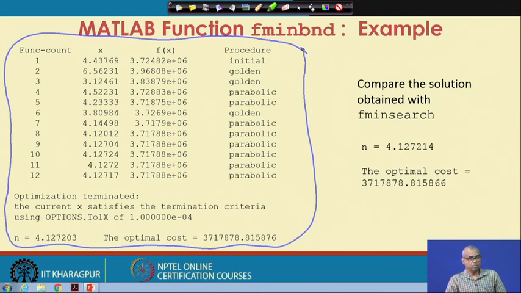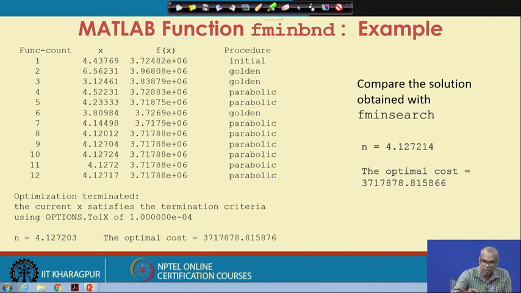The function count was 12, and the algorithm, again, started with golden section search, then moved to parabolic, then again used golden section search, and finally completed with parabolic interpolation. So, if you compare the result that was obtained with fminsearch, the results are here.